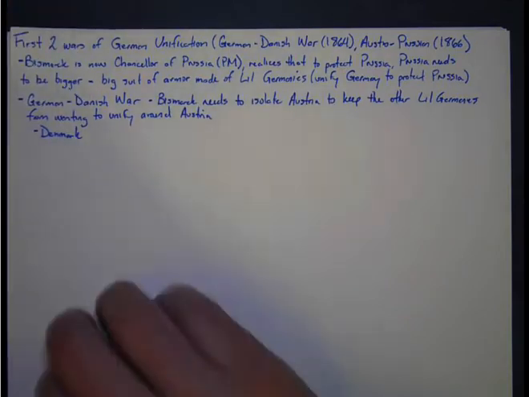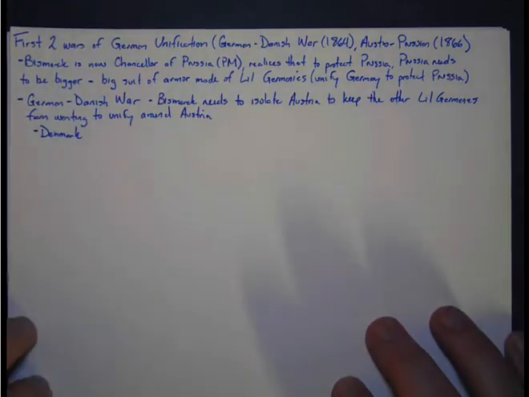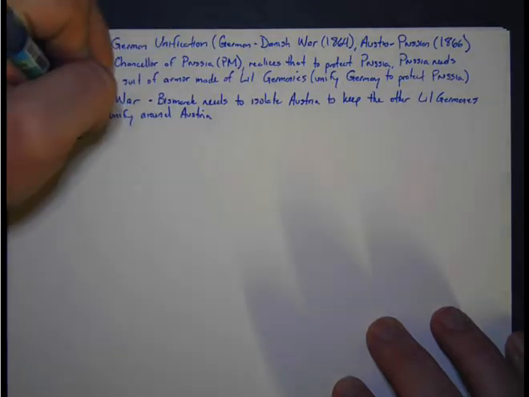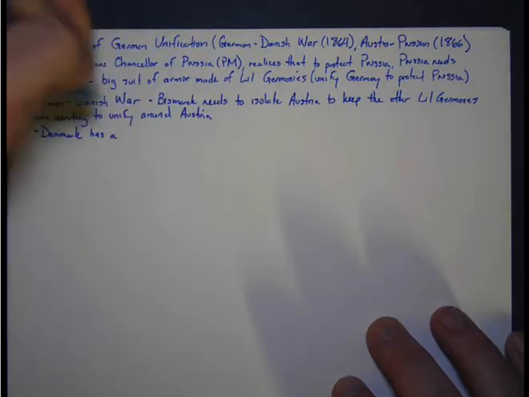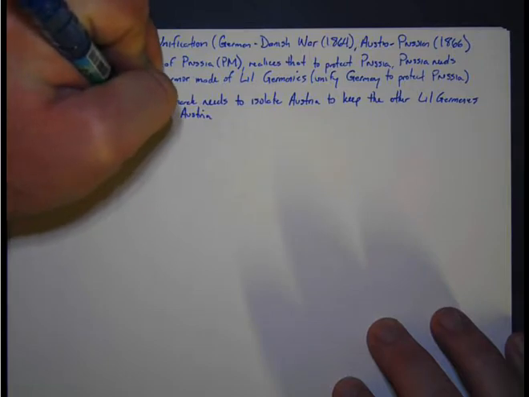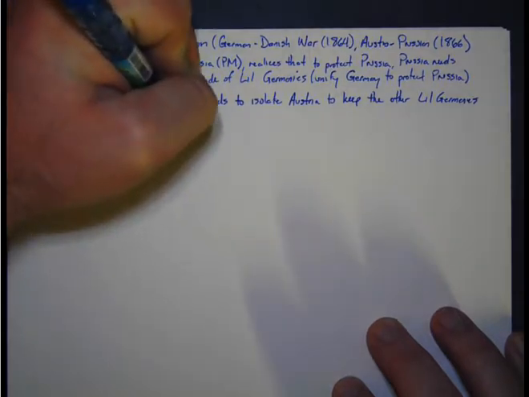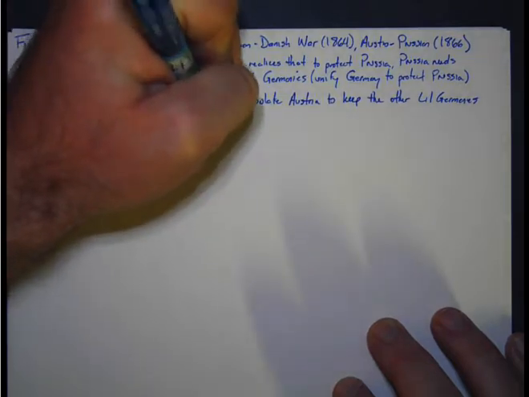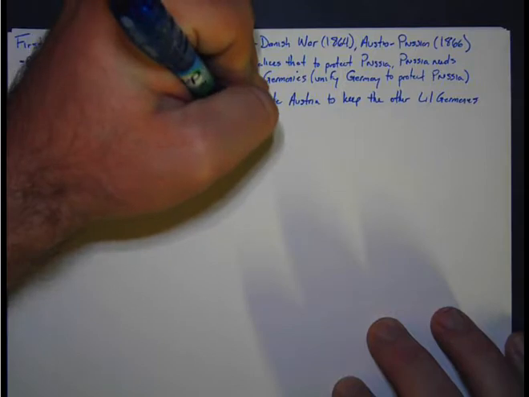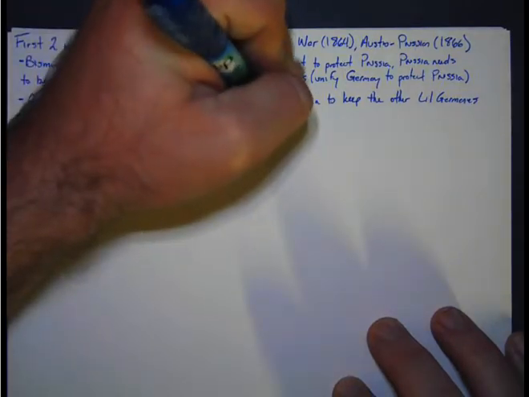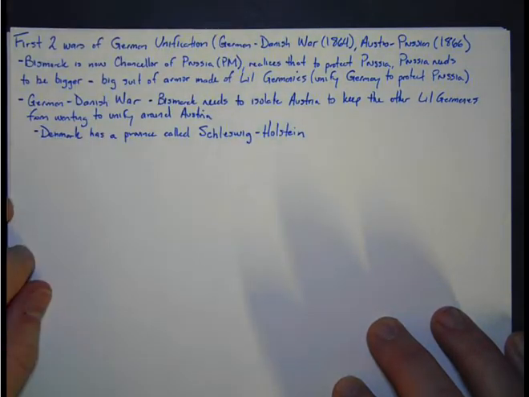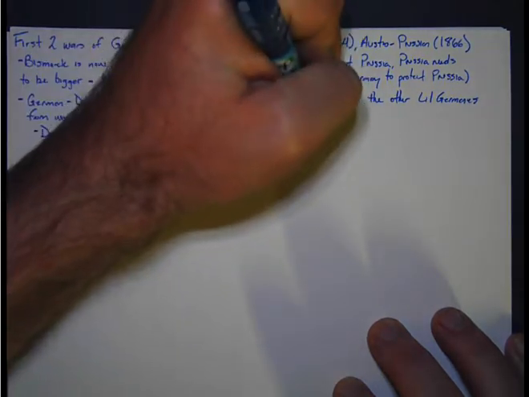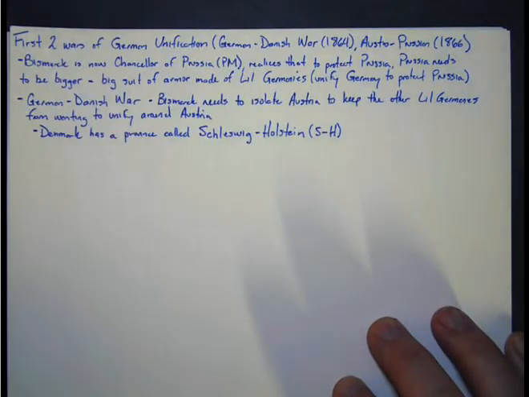Okay, so here's where we're going to get into the weeds a little bit. In Denmark, Denmark has a province called Schleswig-Holstein. And I am not going to be writing that, so I'm going to abbreviate this SH.